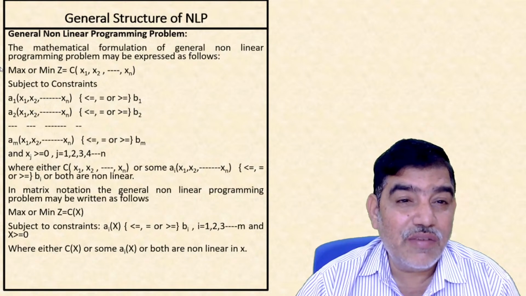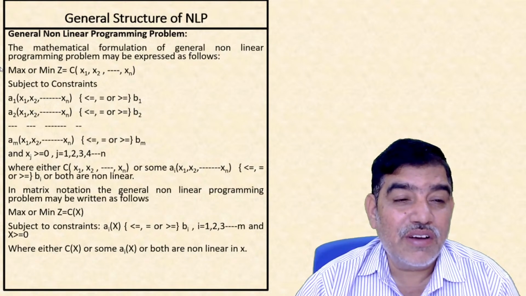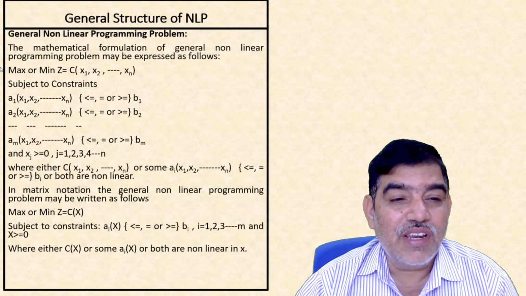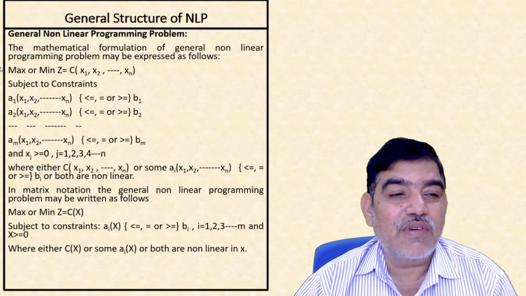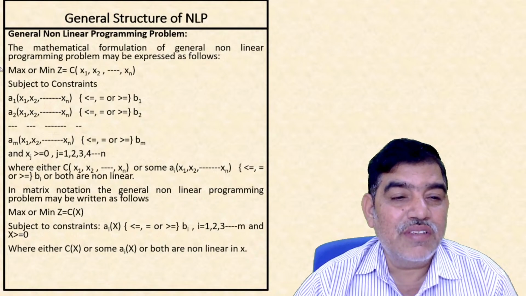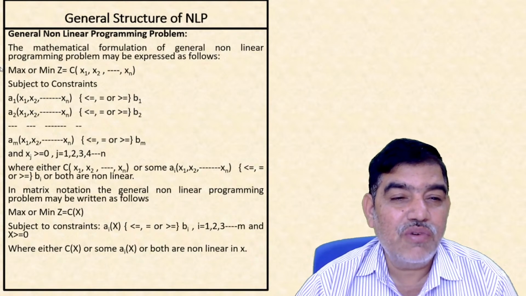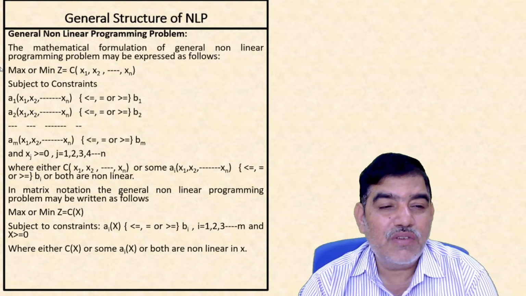Here, in nonlinear programming problem, the constraint equations may consist of equal to, less than equal to, or greater than equal to. Similarly, all the constraint equations are mentioned in this way, a2 of x1, x2 up to xn less than equal to b2 or equal to b2 or greater than equal to b2.